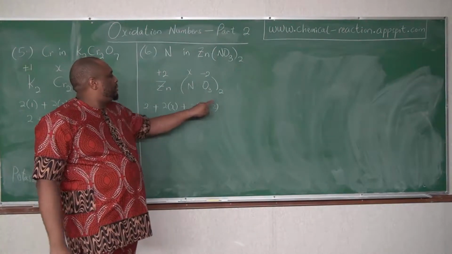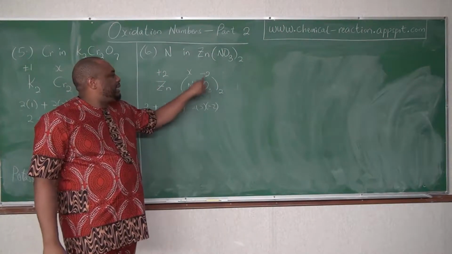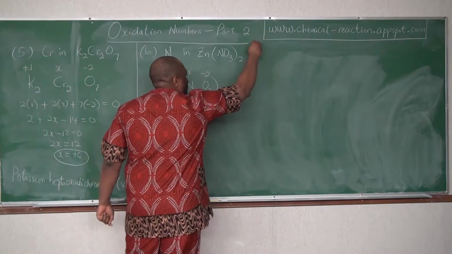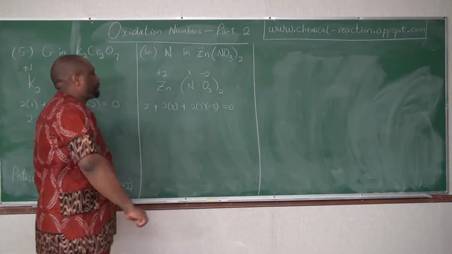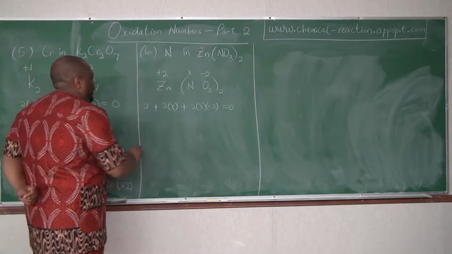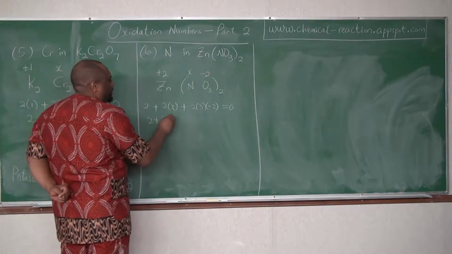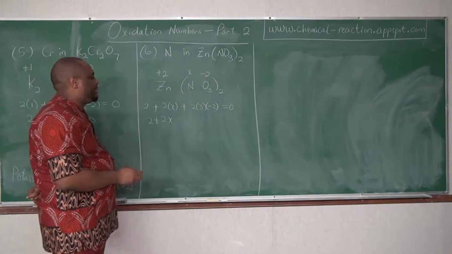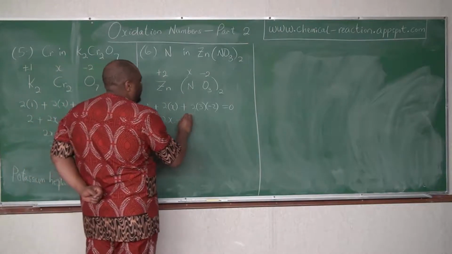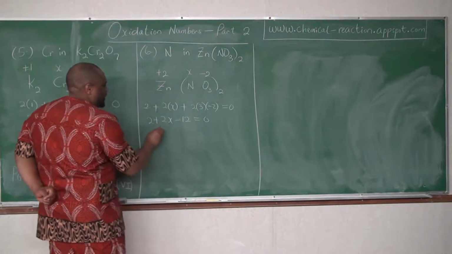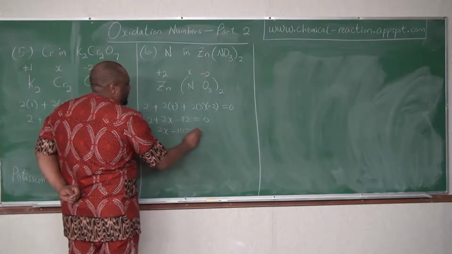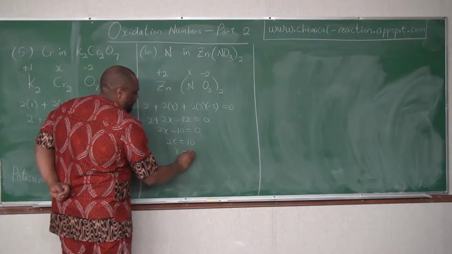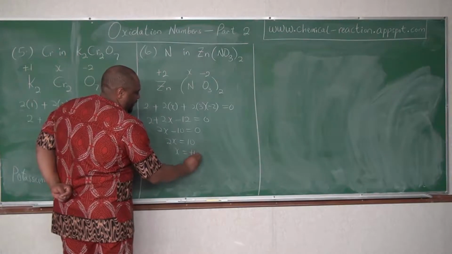So 2 times this 3, oxygen, times -2, equal to 0. So we have 2 plus 2X, 2 times 3 is 6, 6 times -2 is -12, equal to 0. So 2X minus 10 is 0. 2X is 10. So X is +5.